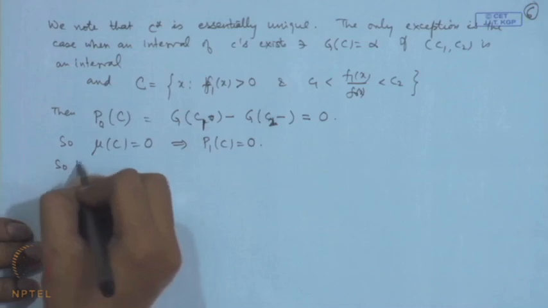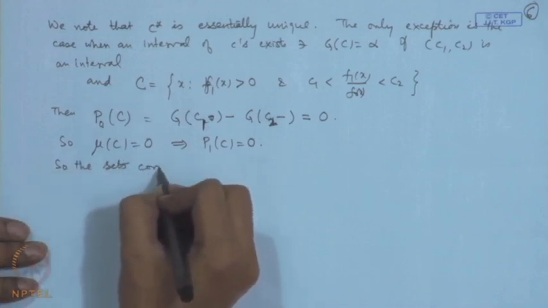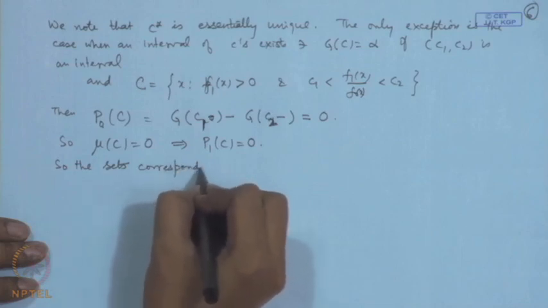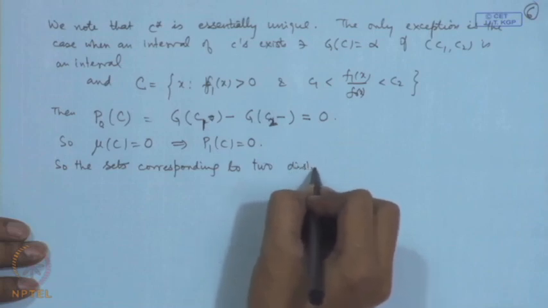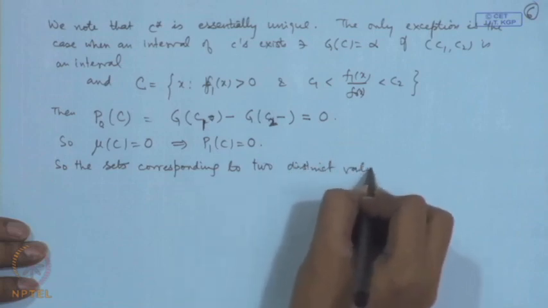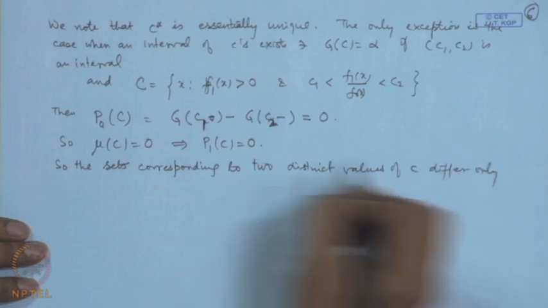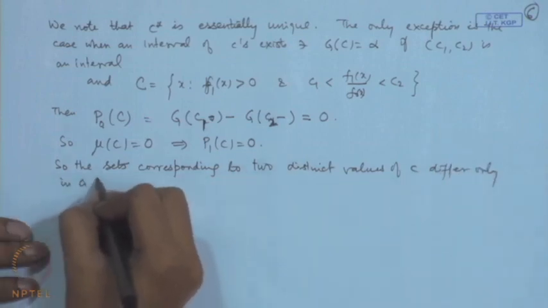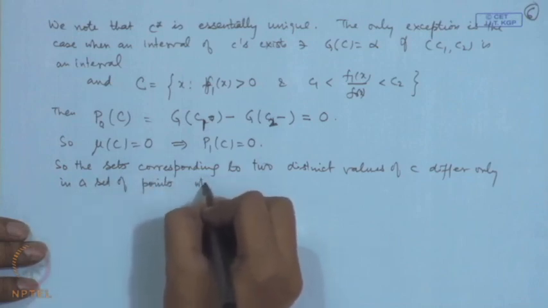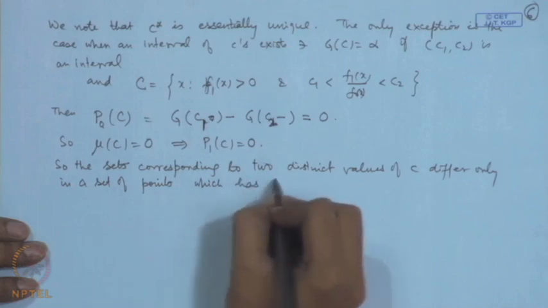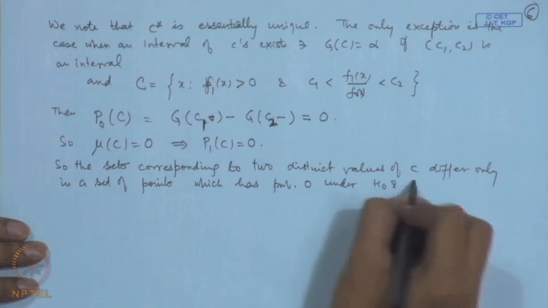So, the sets corresponding to two distinct values of c differ only in a set of points which has probability 0 under H naught and H 1.